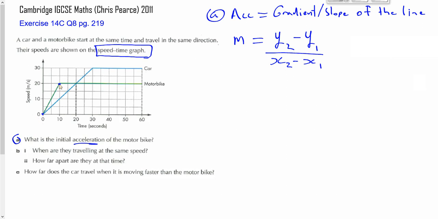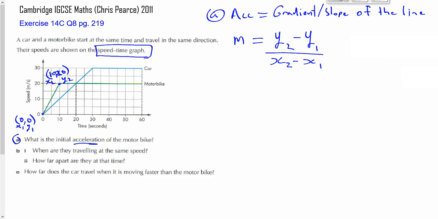My first point is 0, 0, which I'll label x1, y1, and my second point is 10, 20, which is x2, y2. It does not matter in which order you do it, you'll still end up with the same gradient.